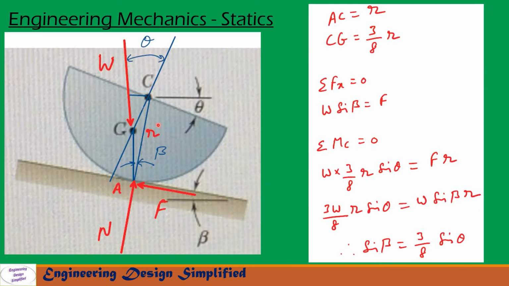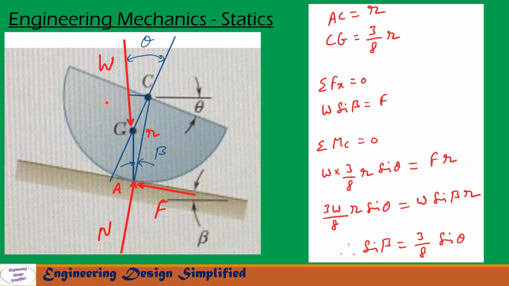From this diagram, let us call the point of contact A and the center of the sphere C. The distance between A and C is the radius of the hemisphere, R. The center of gravity of this hemisphere lies at a distance 3/8 R from this center along this line. Now let us see forces and reactions.